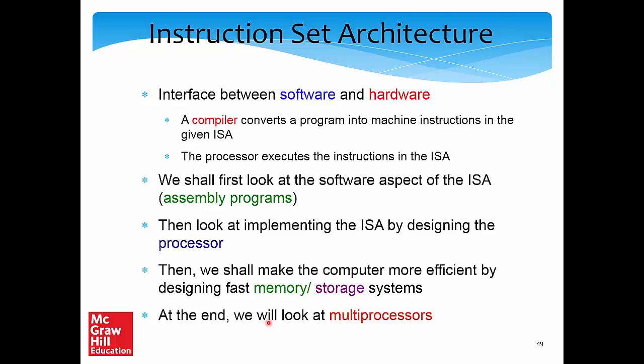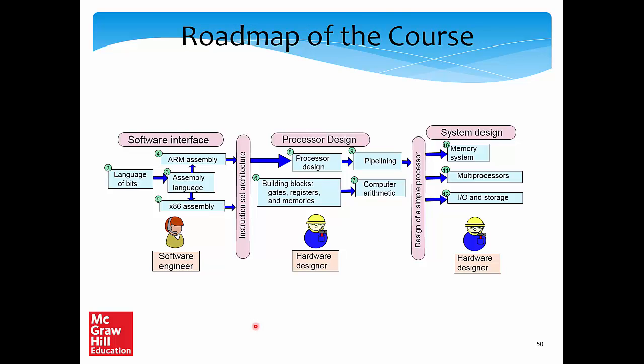And in chapter 11, it's not exactly the end, but one chapter before the end, we'll also look at this interesting field of multiprocessors, where multiple processors are used to achieve a common objective or a common goal. So we will look at all of that during the course of this book.